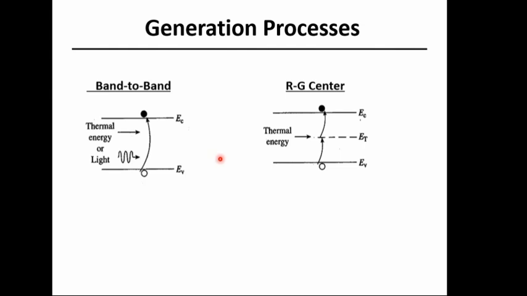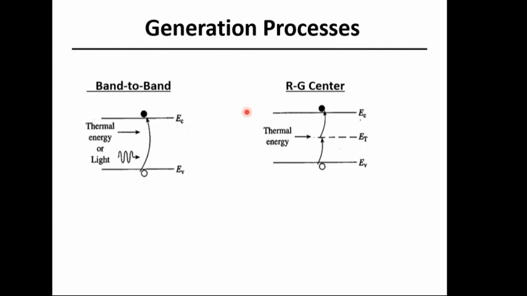Now, in the generation process, as I said, due to thermal energy or light, if you impinge light on a semiconductor, like in light emitting devices, then an electron that was sitting here left the valence band, found a vacancy in the conduction band, and sat in this position.